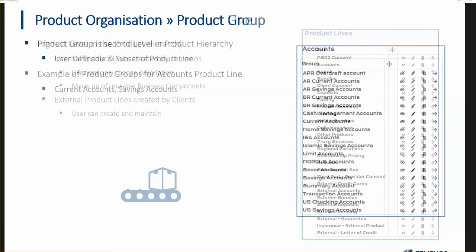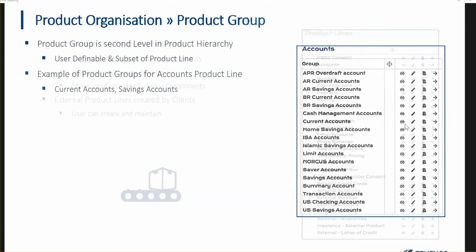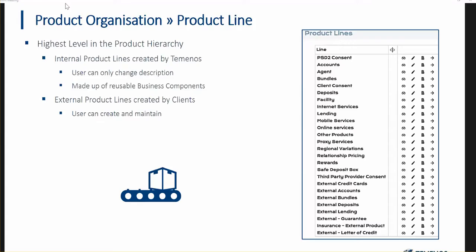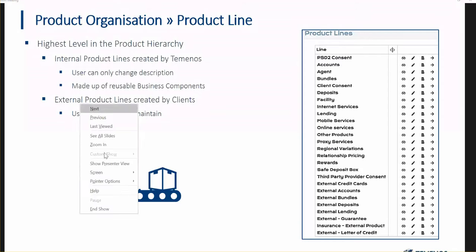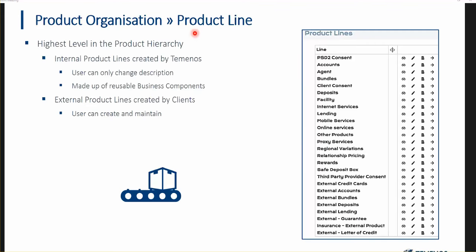So, product organization, next level. Under the AA hierarchy, we call it the product hierarchy. In AA, we have 3 levels only. One, product line. This is the first level in the AA structure. Product line is created by Temenos.